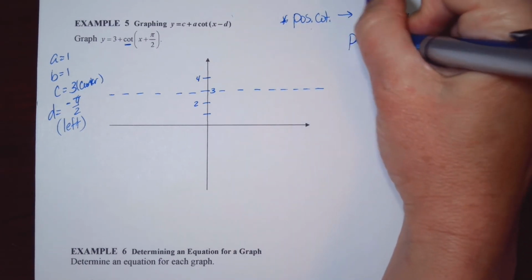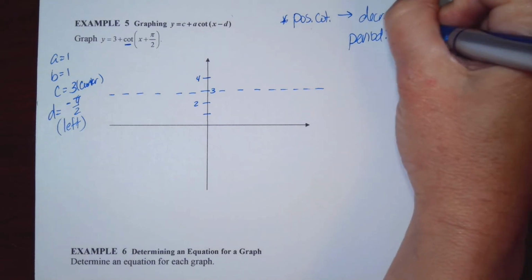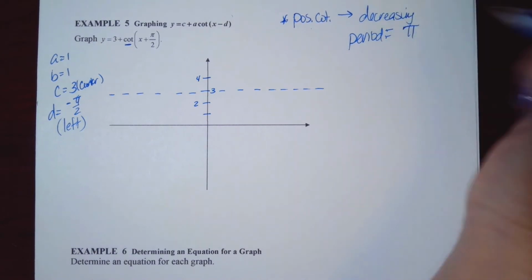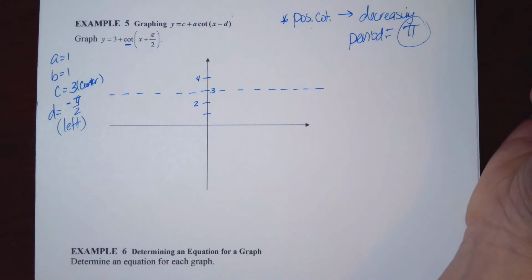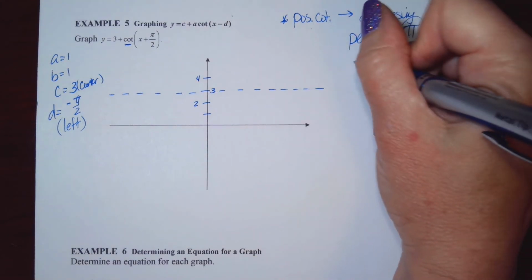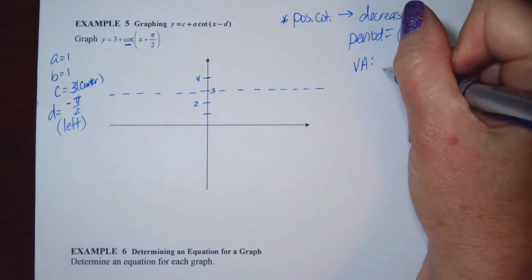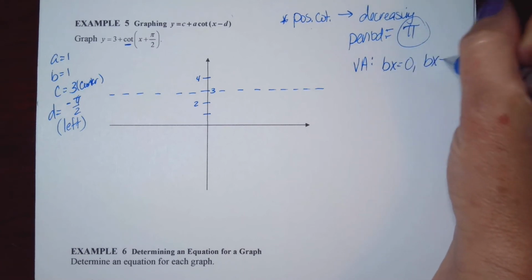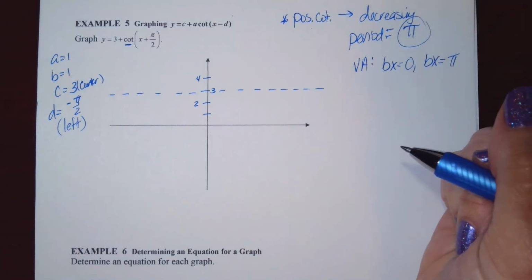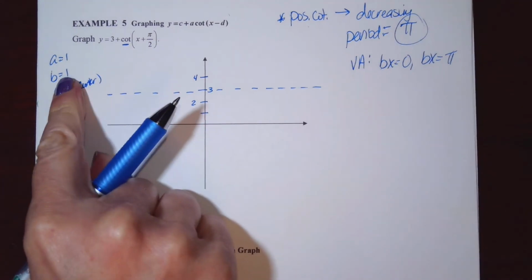My period is just going to be pi because B is 1. So I'm not changing the period of this function. I'm graphing cotangent, so my vertical asymptotes are going to start at bx equals 0 and bx equals pi. B is just 1.